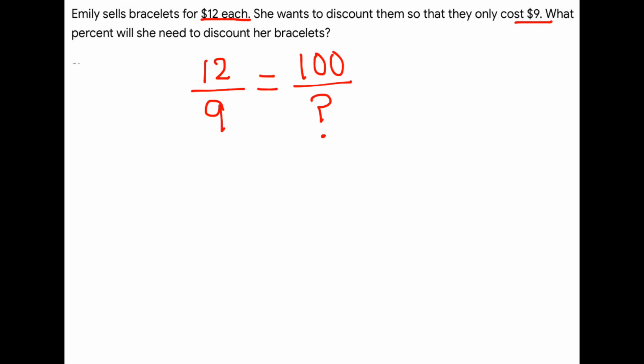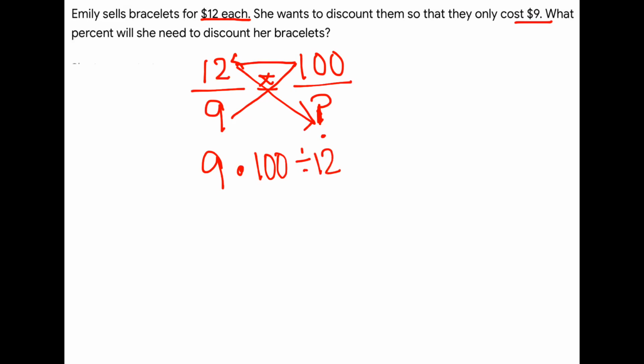So in order to go from 12 to 9, you are going to cross multiply. Here is your question mark right here. So you are going to do 9 times 100 divided by 12, which is going to give you your answer.